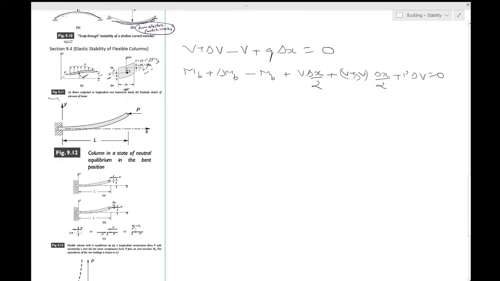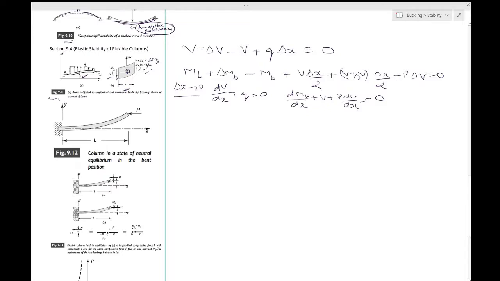So this is done, and then you use the limiting case where delta x tends to 0, and then you will be able to convert it to dV by dx plus q is equal to 0 and dMb by dx plus V plus P dv by dx equal to 0.